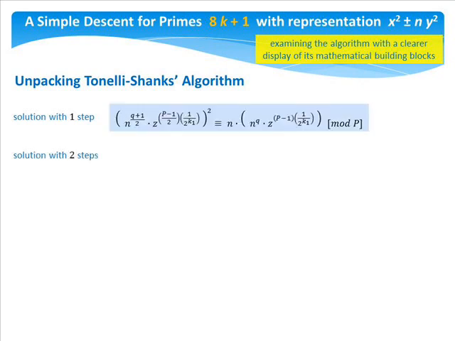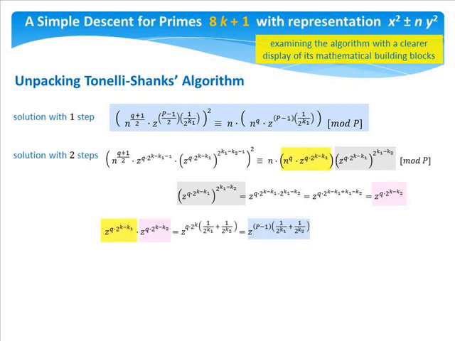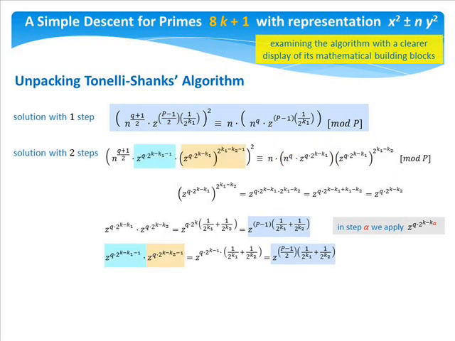Next, we apply the same procedure for a case that needs 2 steps to reach the solution. Note that the gray block simplifies into z raised to q times 2 raised to k minus k sub 2. This reveals that in step alpha, we are applying to the exponent of z the product of q times 2 raised to k minus k sub alpha.